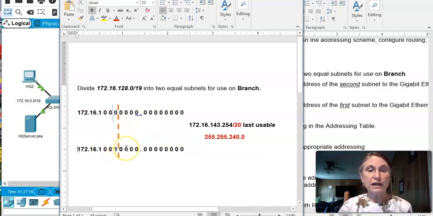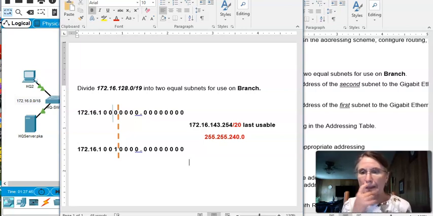Now in the second subnet, we would use the exact same technique to find the broadcast address for that subnet, and then subsequently we would also have that same net mask because we would also be in a /20 domain or realm.